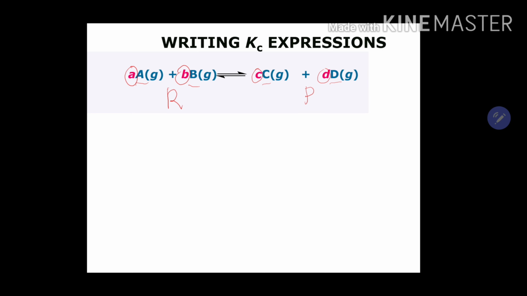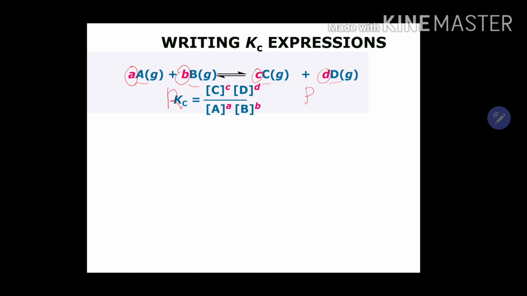So, we can write the equilibrium constants expression by multiplying all the products C and D and dividing by the product of the equilibrium concentrations of all the reactants A and B, with the concentration of each substance raised to the power of its coefficient in the balanced chemical equation.